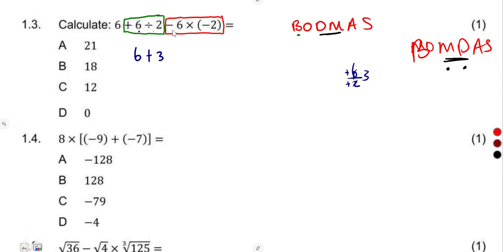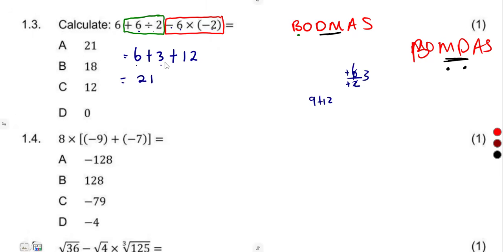Then here it's a product. Minus 6 times minus 2. Minus and minus is going to give us a positive. 6 times 2, that's a 12. So this is the idea that you're going to use. Here it's just addition. Simply add everything. 6 plus 3, that's a 9. 9 plus 12, that's 21.